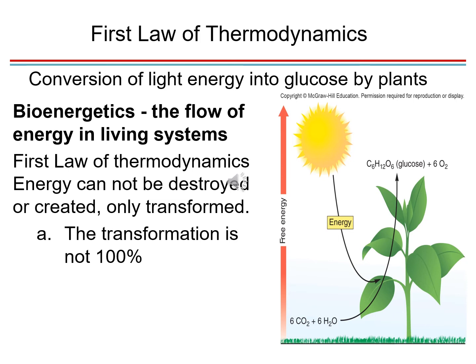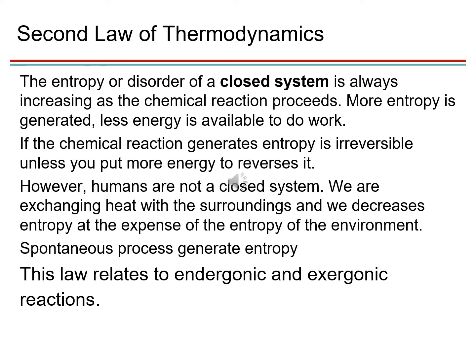In that transformation, it is not 100% energy. There is waste material as well. The second law of thermodynamics is expressed in one particular topic that is called entropy. Entropy is defined as the disorder of a closed system, and this disorder is always increasing as the chemical reaction proceeds.